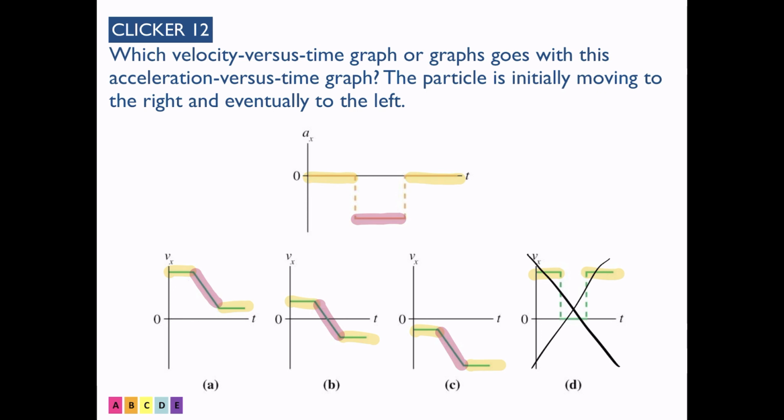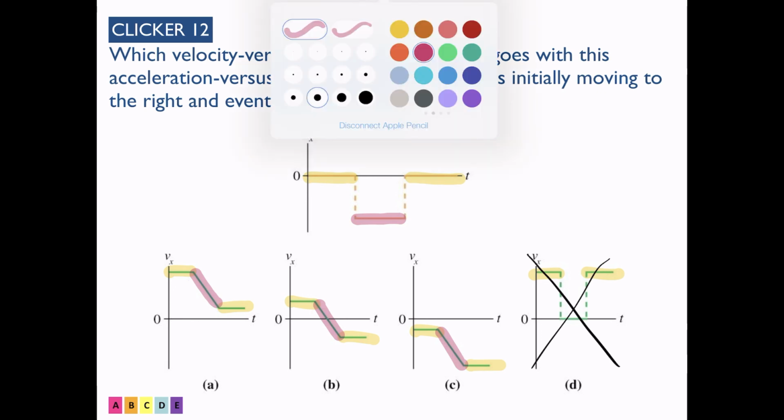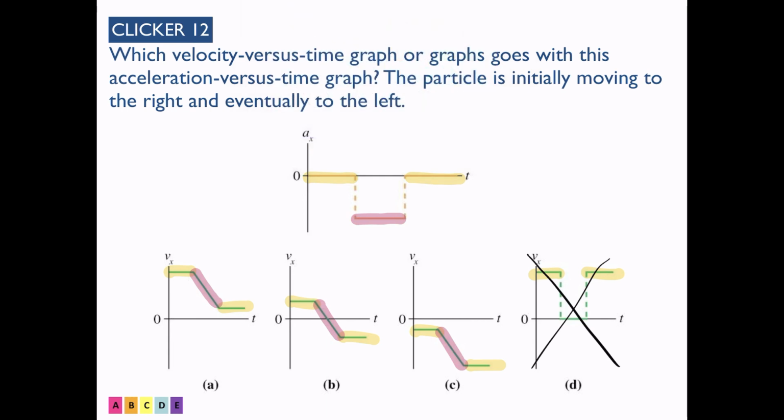And when you read the question, you'll find that what it says is the particle is initially moving to the right and eventually moving to the left, which means that the particle changes direction. And in physics, what changes direction means is that we have to cross 0.